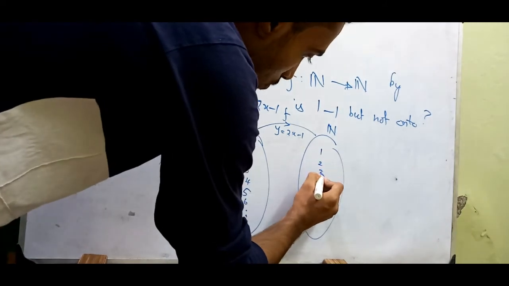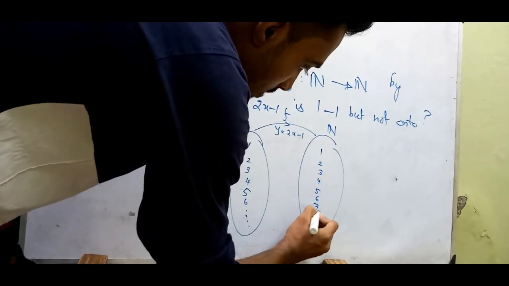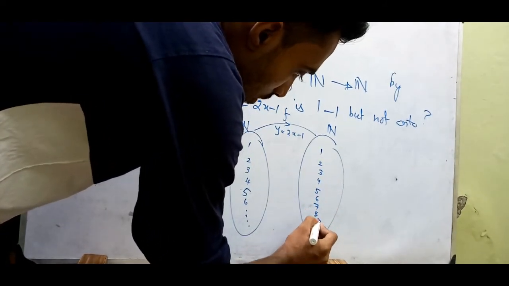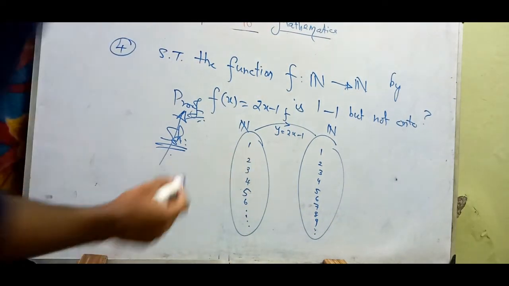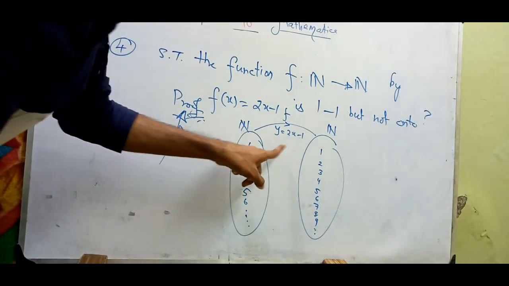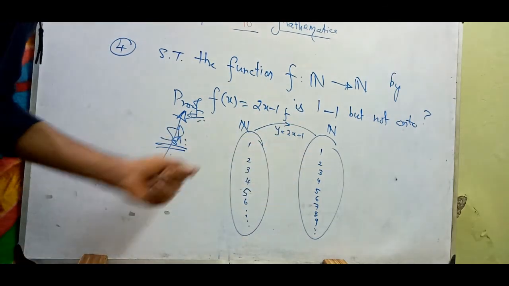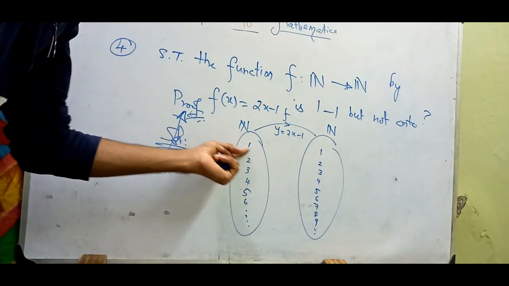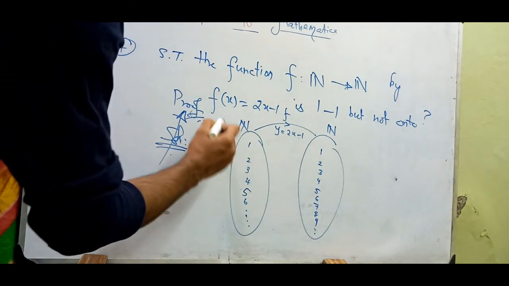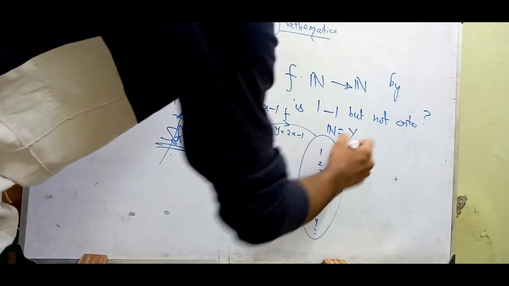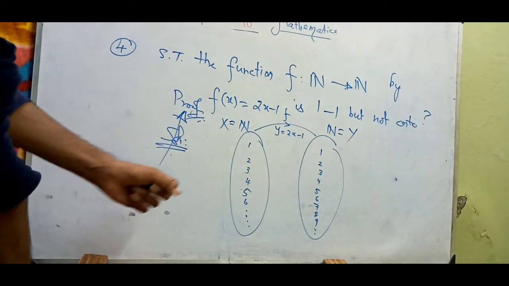Here also 1 2 3 4 5 6 7 8 9 and so on. Got it? The first set is x, the second set is y. Let us denote capital X and capital Y here, because sets are denoted by capital letters.